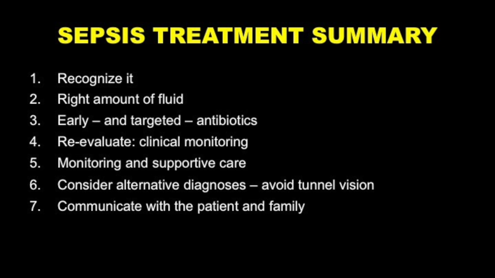If the patient is not getting better and we've got all these separate issues that are going on, take a step back, look at the whole patient. Have I missed another source of shock? Have I missed an alternative source of sepsis? Septic patients are highly dynamic. Reevaluate frequently. And communicate with the patient and family because they can give you information.